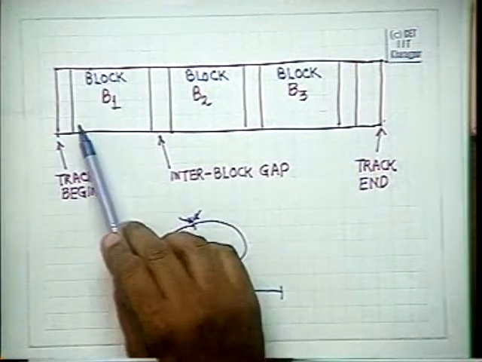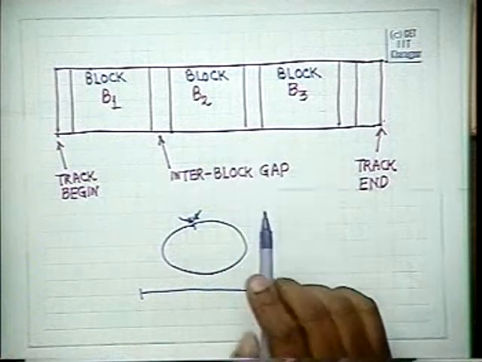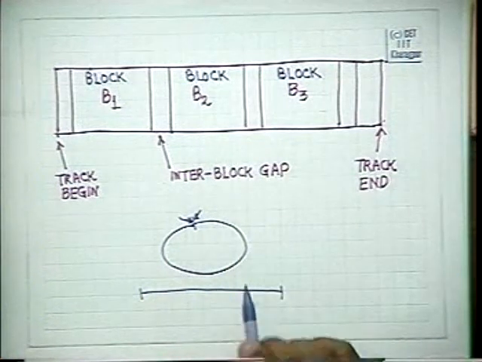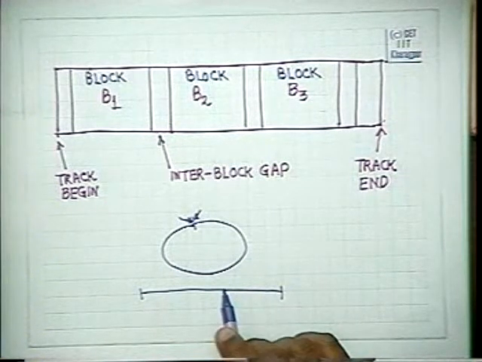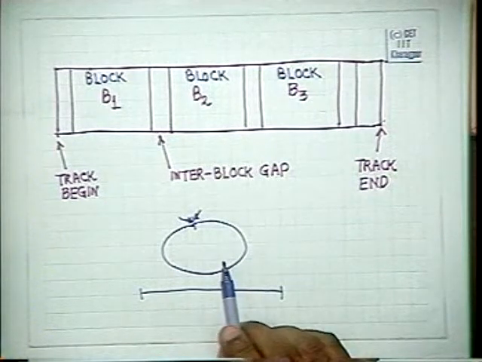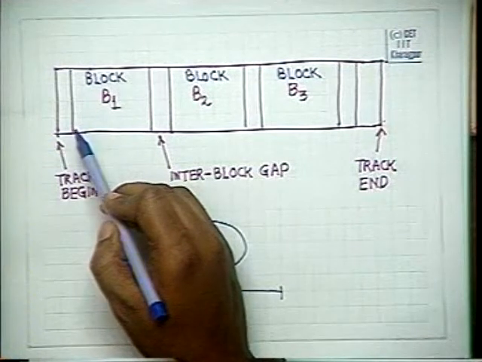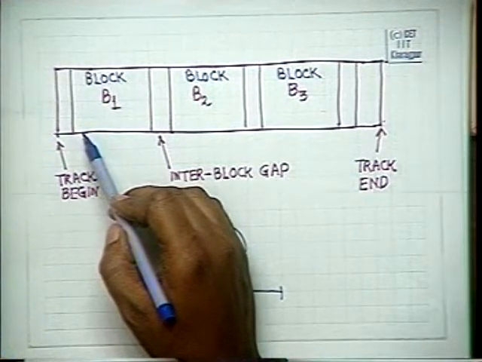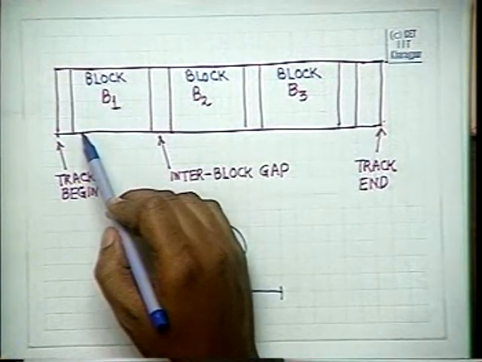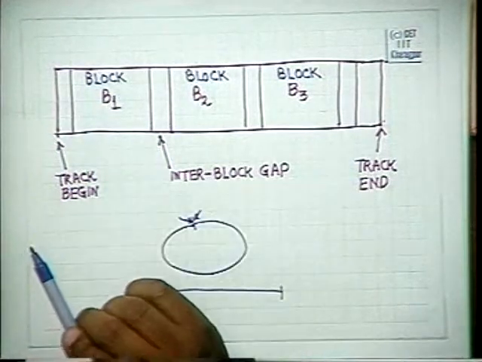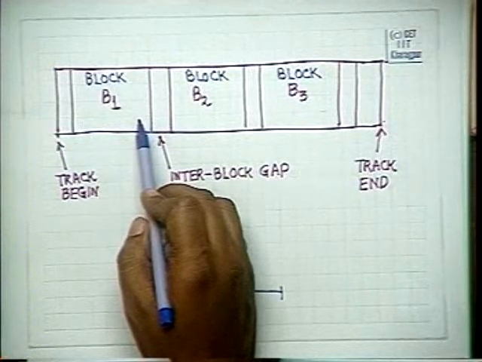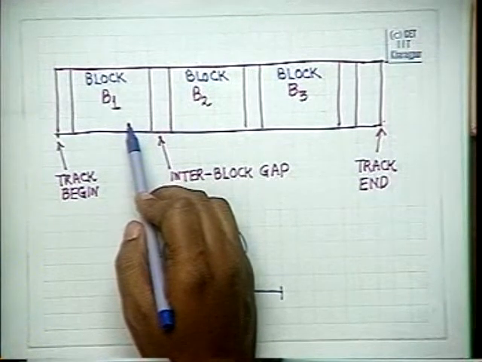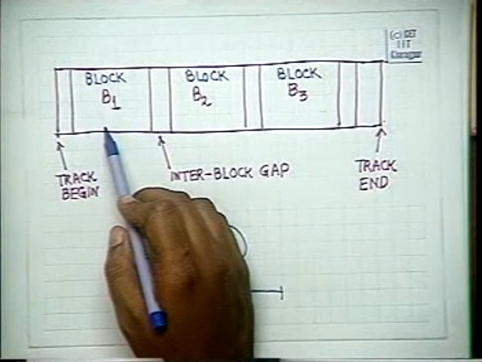Now what is the importance of a block? The block is the unit of data that is read at one single shot through the disk. That is, when you give read, it does not read one bit of data or one byte of data. It reads slightly more than that. It reads what is called one block of data. And this is usually much more than 1 byte or 2 bytes. It may be 512 bytes, it may be 1 kilobyte, and things like that.